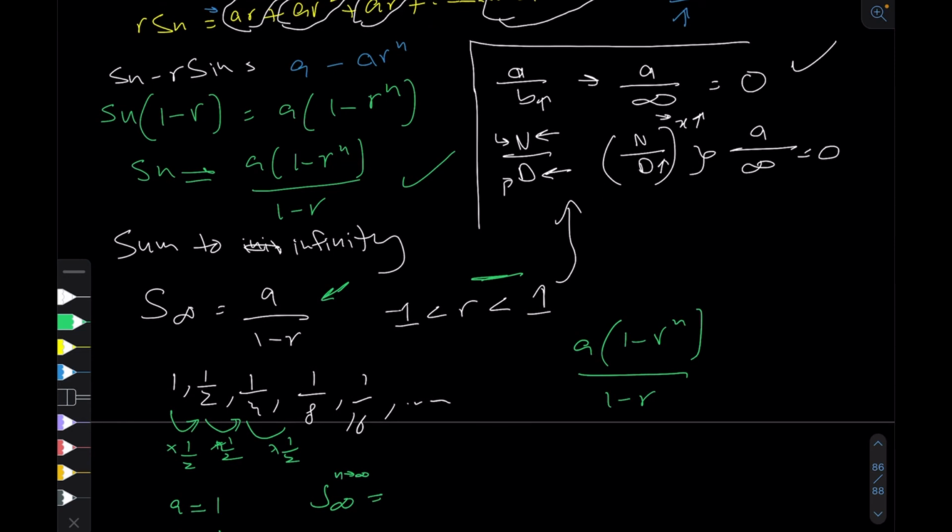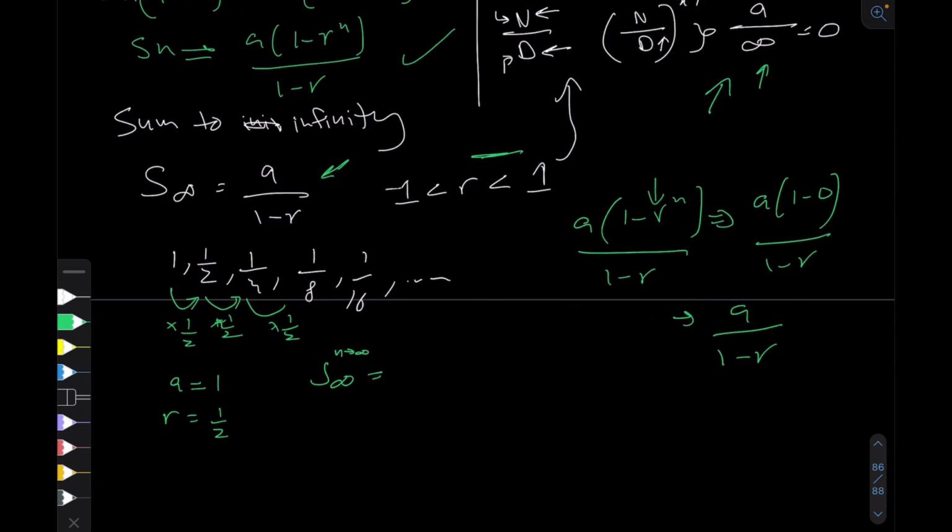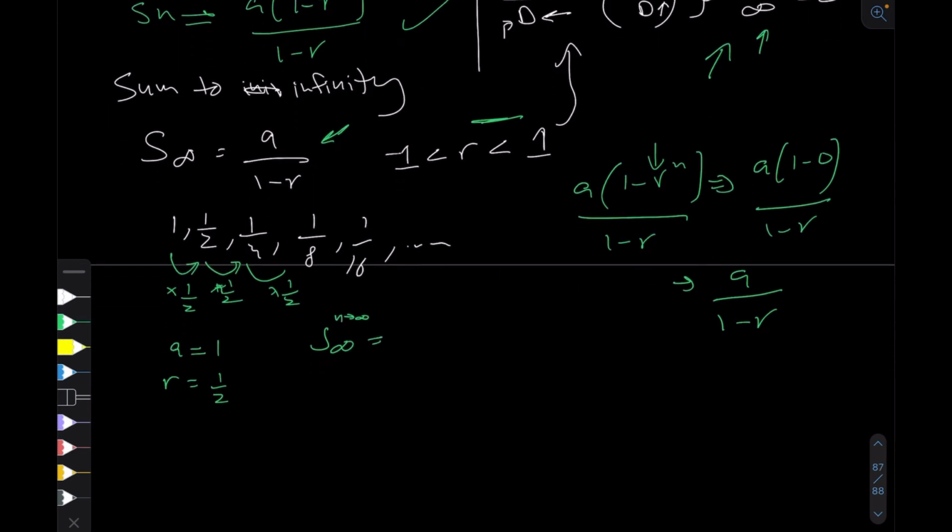And if n is over here in the power, so if you're raising your r to the power n as explained over here, this will become 0 when n is approaching infinity. Since this number is becoming 0, you just get 1 minus 0 over 1 minus r, which is just a over 1 minus r. Right. So here a is 1 and r is half. So 1 minus half, this will give me 2.